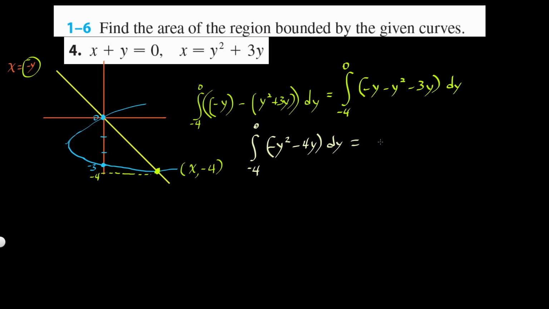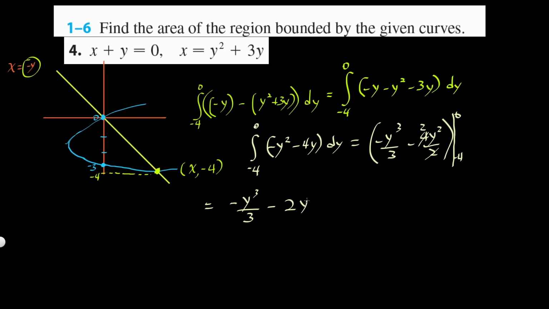Okay, so it's going to be negative y cubed over 3 minus 4y squared over 2, which 2 can cancel with 4 like that, everything from negative 4 to 0. Let me write that more clearly here. So I have negative y cubed over 3 minus 2y squared, everything from negative 4.